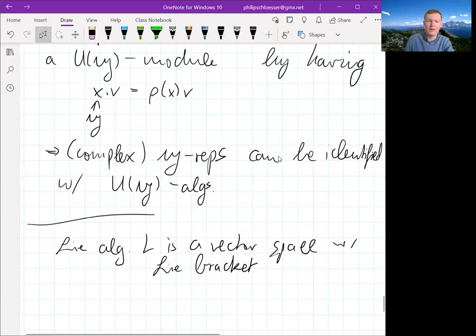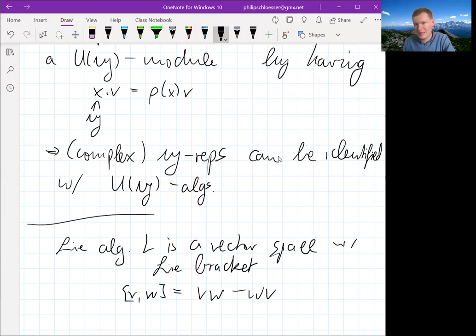So this expression is perfectly well defined, just the Lie bracket. But if you want to write it like that, what is this multiplication supposed to be?